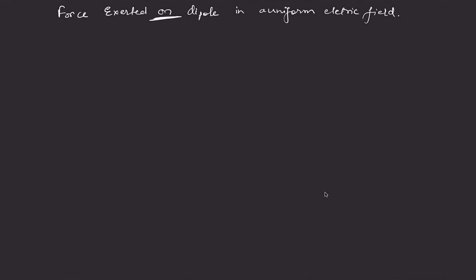So let's say the dipole is like this with distance of 2a, and it is kept in a horizontal position as shown in the figure. This is origin, and it's lying in a region with uniform electric field towards the positive x-axis, and the magnitude of electric field is capital E. So the positive charge experiences a force in the direction of electric field, because that's how electric field is defined.